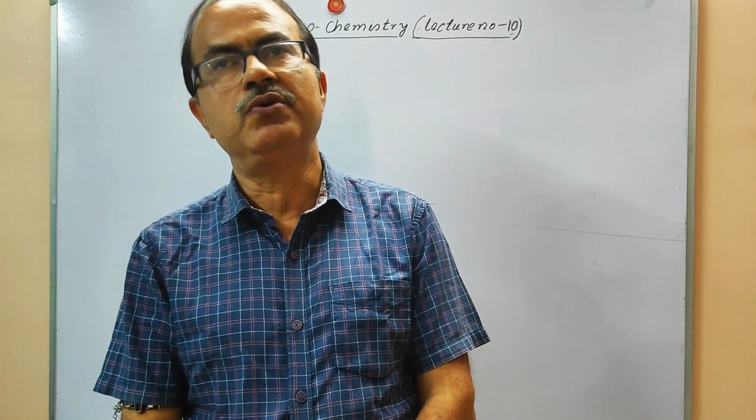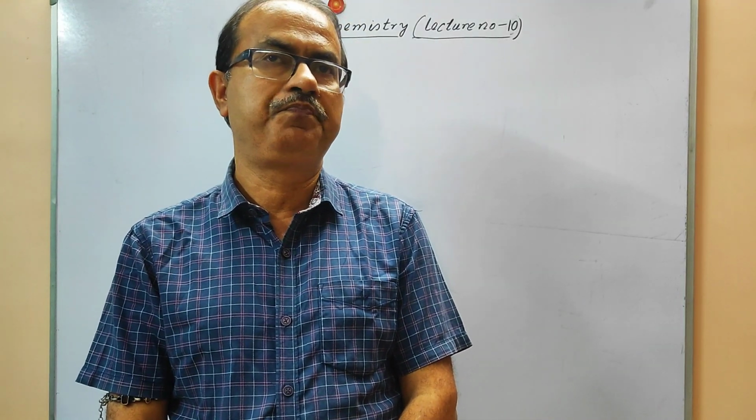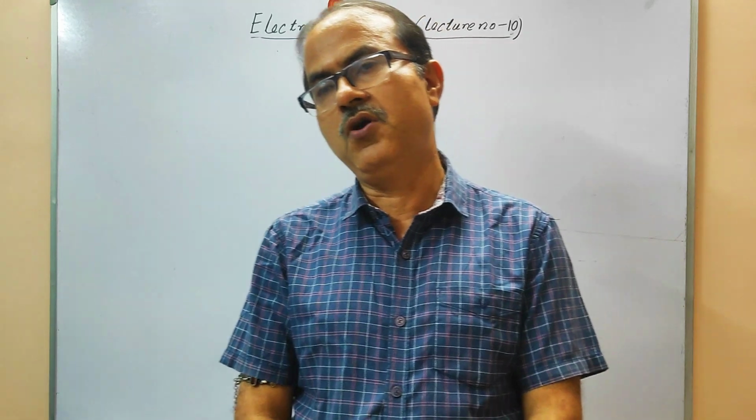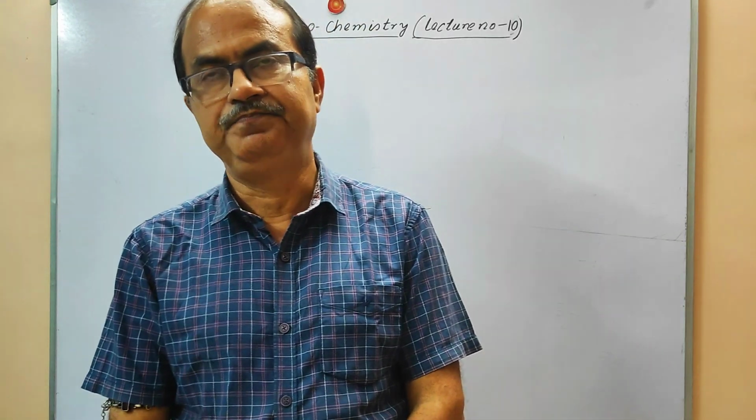In the fourth lecture we discussed the Nernst equation, which is very useful as it enables us to calculate the cell potential from any concentration of the electrolytes in the cell.